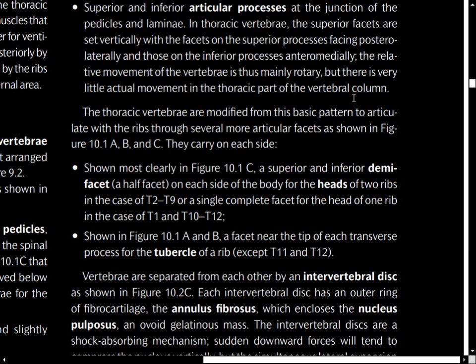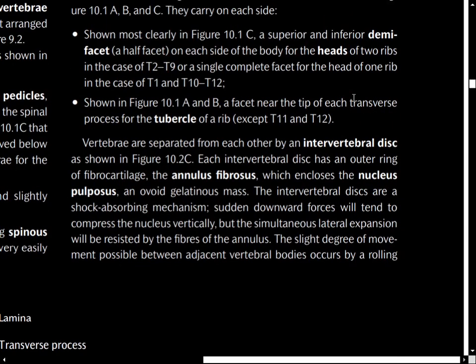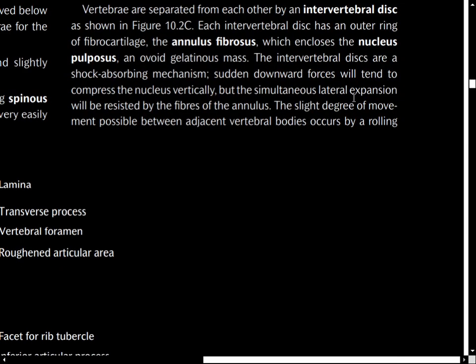The intervertebral discs are a shock-absorbing mechanism. Sudden downward forces will tend to compress the nucleus vertically, but the simultaneous lateral expansion will be resisted by the fibers of the annulus.